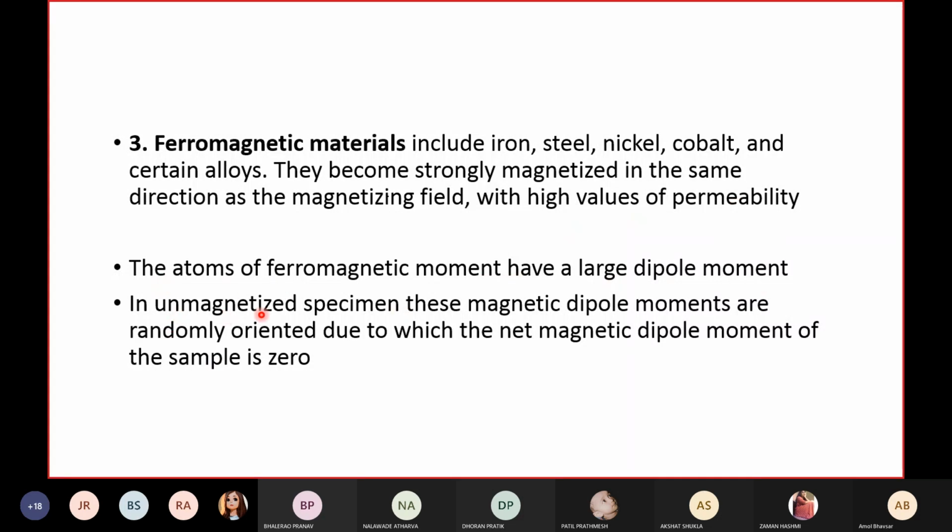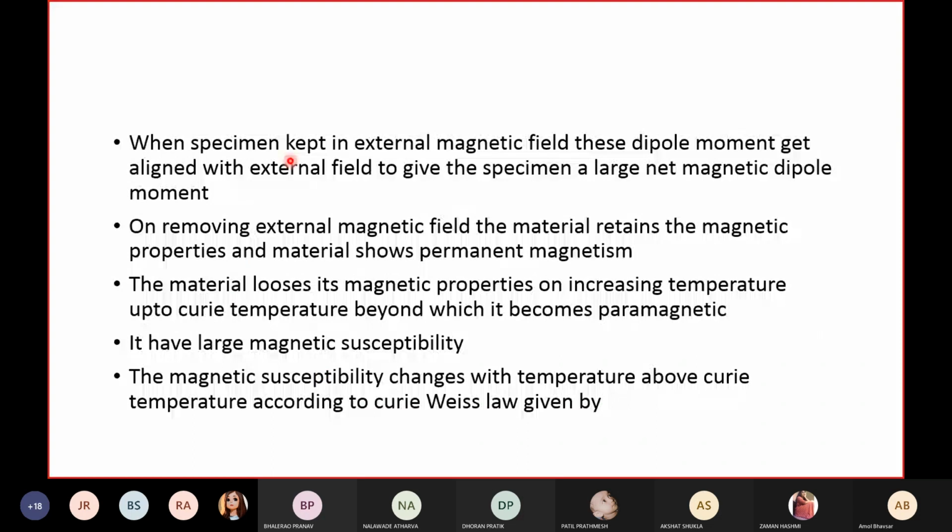In the unmagnetized specimen, these magnetic dipole moments are randomly oriented, due to which the net magnetic dipole moment of the sample is 0. When the specimen is kept in an external magnetic field, these dipole moments get aligned with the external field to give the specimen a large net magnetic dipole moment, as shown in the figure.